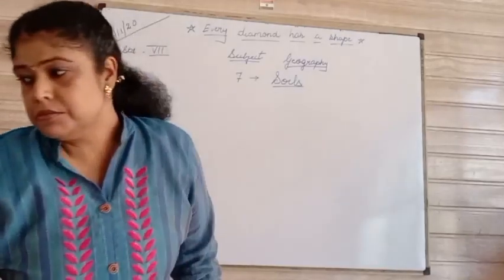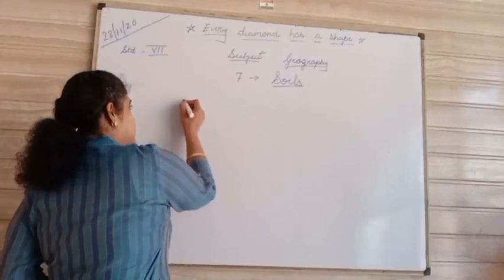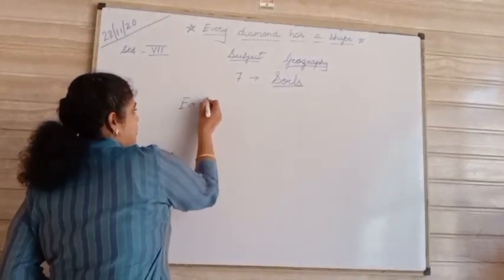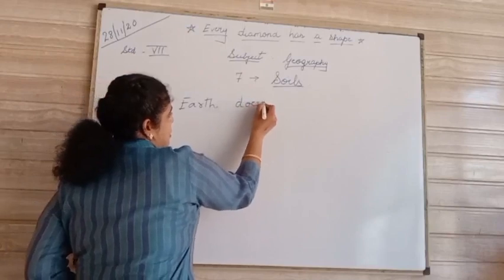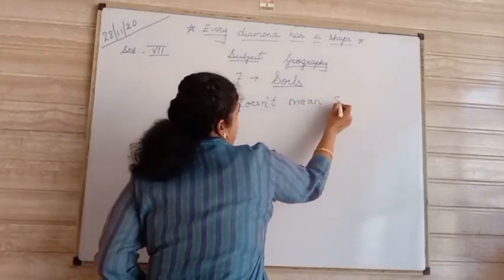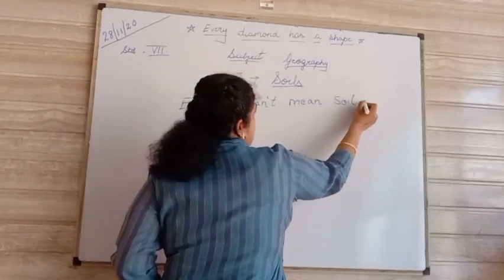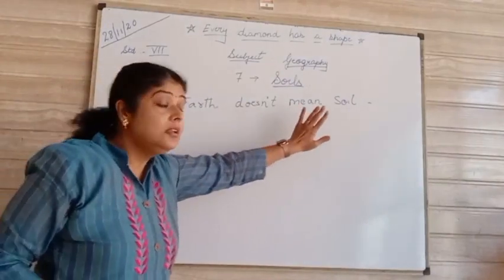I would like to state one thing, that earth doesn't mean soil. What does the sentence mean? Earth doesn't mean soil.